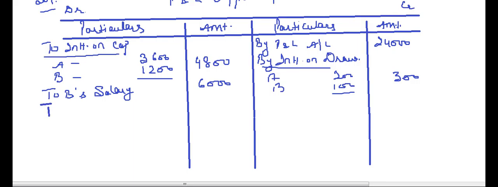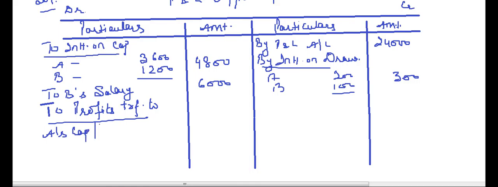We'll say to profits transferred to A's capital or current account, and similarly B's capital and current accounts.